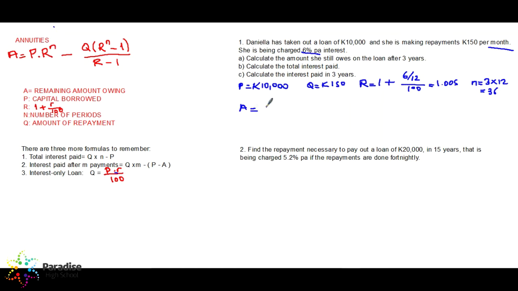So A is equal to P times, I'm applying the formula, substituting the values into the main formula, P times R to the power of N, 10,000 times 1.005 to the power of 36, minus Q times, 150 times, 1.005 to the power of 36 minus 1, divided by 1.005 minus 1. So I will calculate it directly.